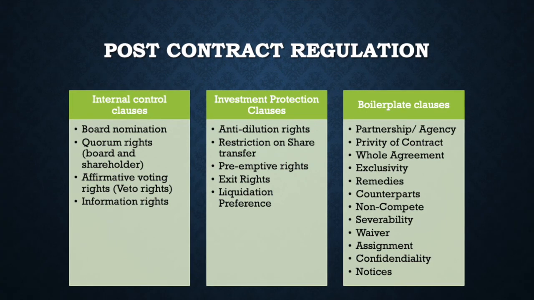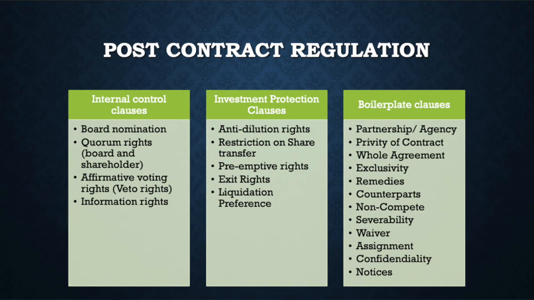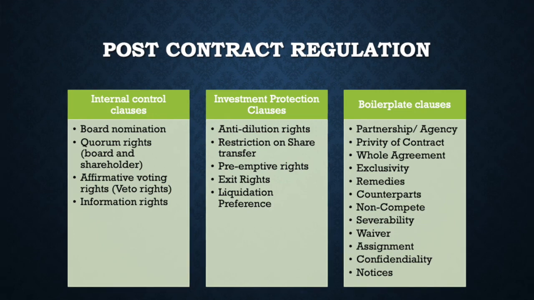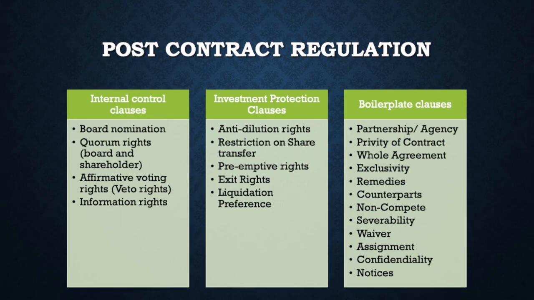When you're an investor and you're investing into a company, you're doing so not just because you think that the company is worth investing, but also for the able leadership of the promoter. Therefore, if the promoter leaves, there might be an issue with the company. As a result, the investor will require restrictions on share transfers.